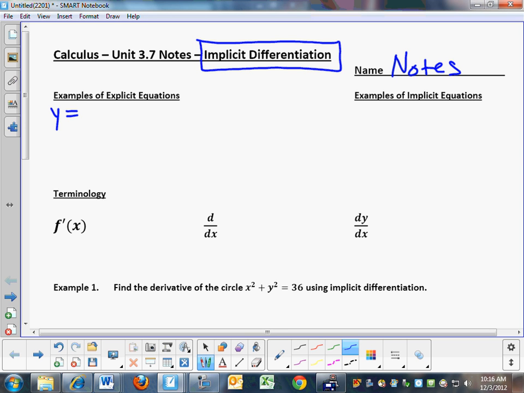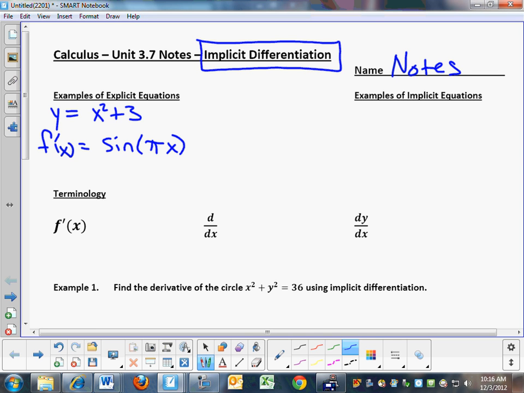All right. y equals x squared plus 3. We can use explicit differentiation. f of x equals sine of pi x. Explicit differentiation.